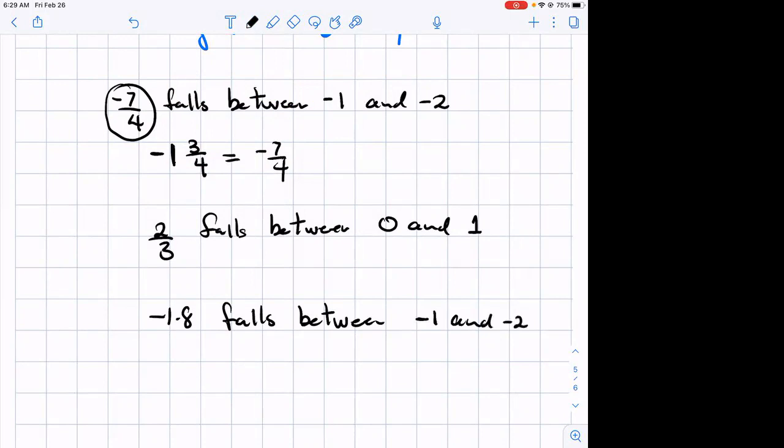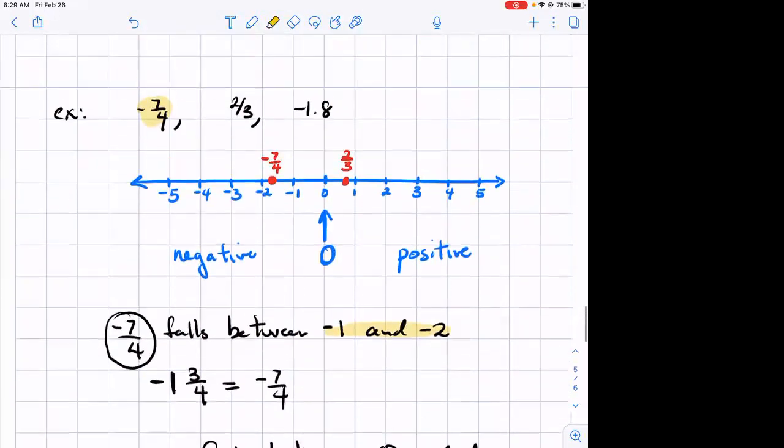And notice before we had -7 over 4, that also falls between -1 and -2. So -1.8 and -7/4 are very close to each other. So that happens to be right over here somewhere, second dot right over there. So this here happens to be -1.8.